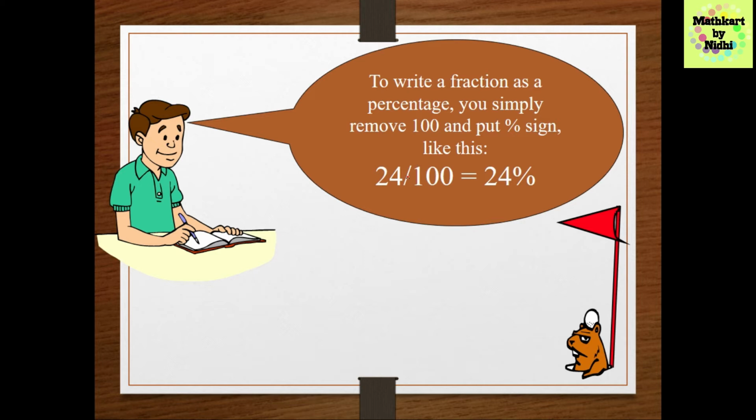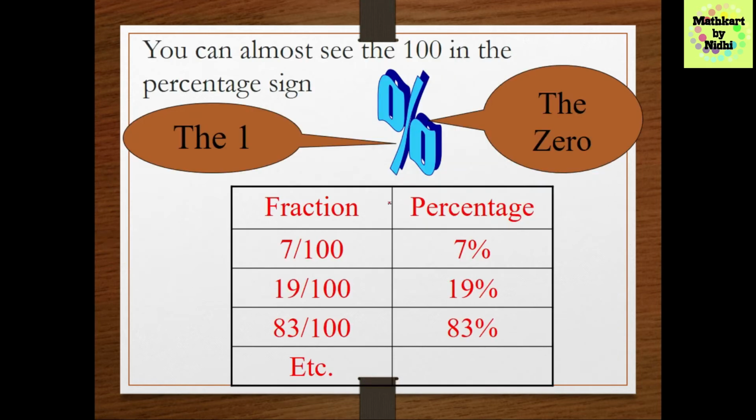You can almost see 100 in the percent sign: this is a 1 and these two are two zeros.